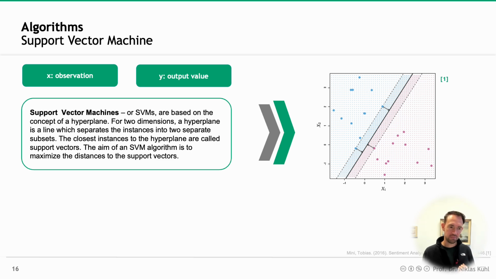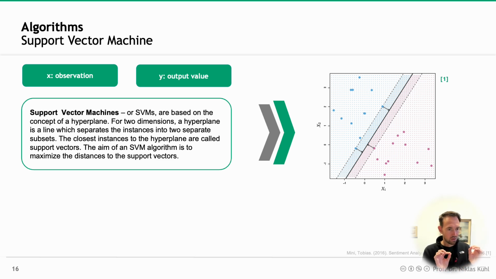So support vector machines are based on the concept of a so-called hyperplane. And you can see a nice example over here, which is two-dimensional, which is something that we can nicely visualize. And if we have these two dimensions, a hyperplane is a line which separates the instances into two separate subsets, right? So binary classification in this case over here, pink points and blue points.